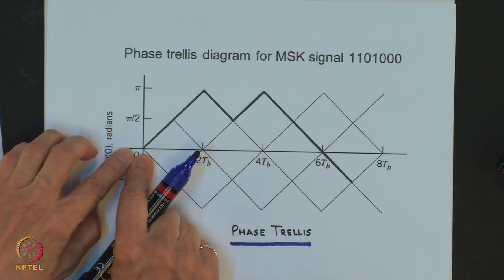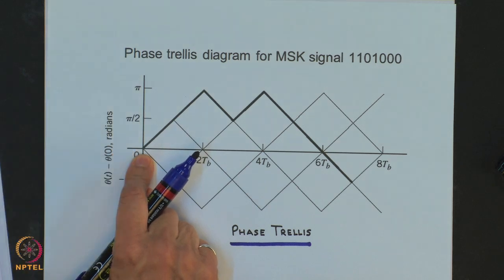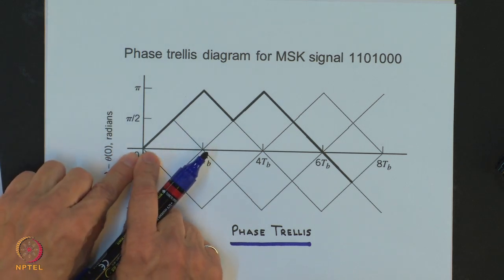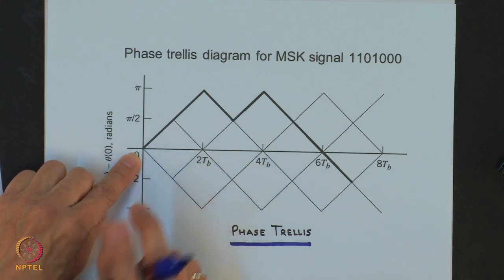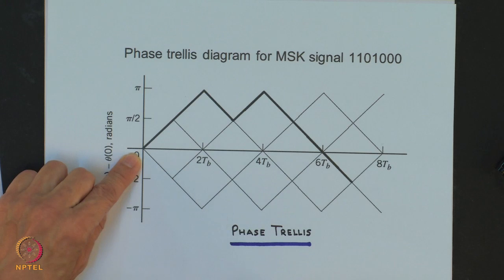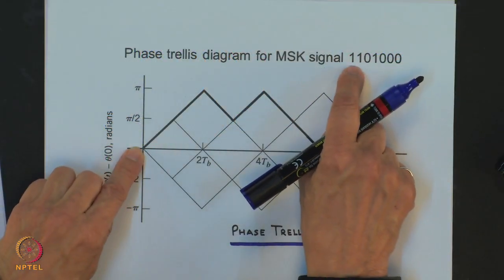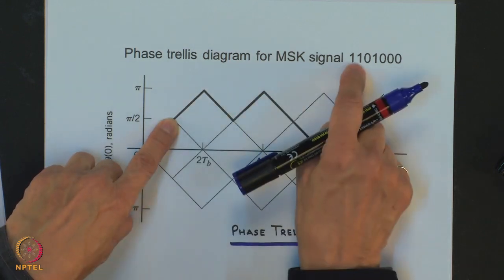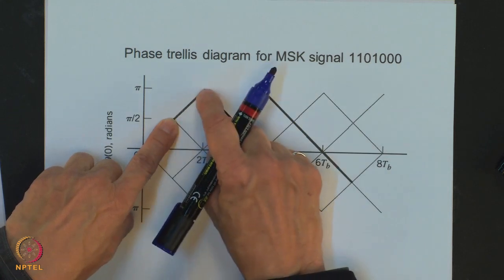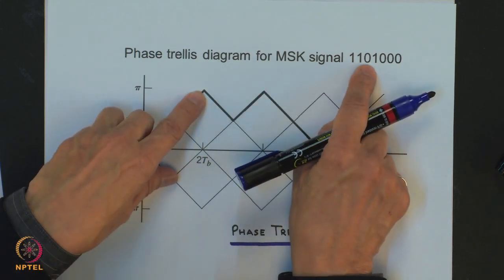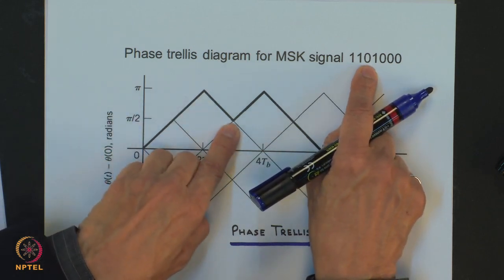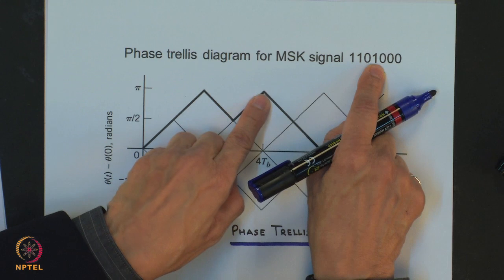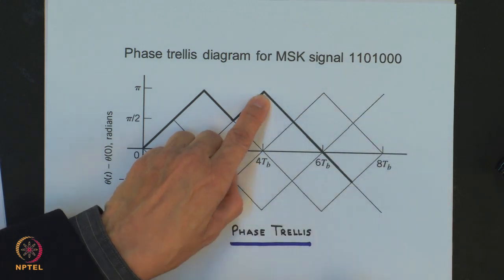We start with theta 0 equal to 0, and with h equal to half, the difference between f1 and f2 is Rb by 2, half the bit rate. When we get 1, we increase by pi by 2, then again we get 1, so we increase by pi by 2 and it becomes pi. Then we get a 0, so it reduces to pi by 2, again it becomes 1, so it goes to pi, and it continues this way.